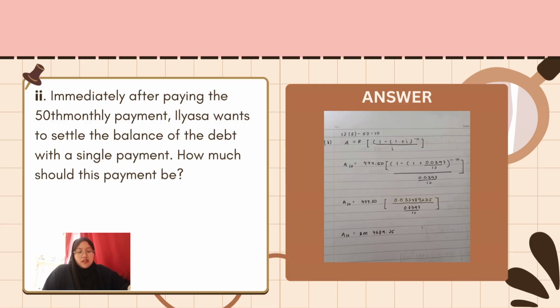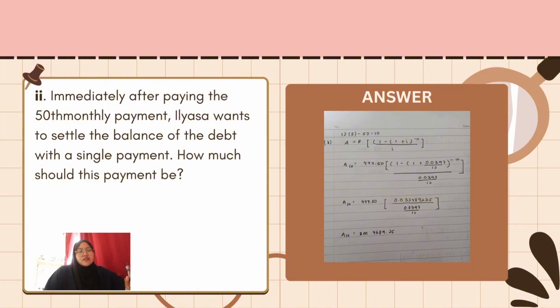Then 477 and 50 cents, open bracket 0.32489235 divided with 0.0397 per 12, close bracket.